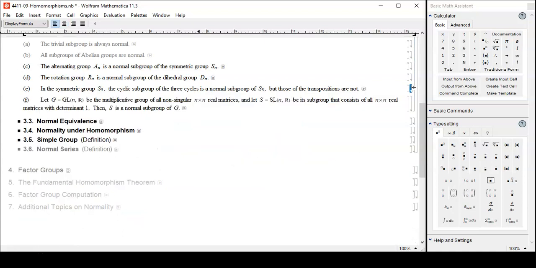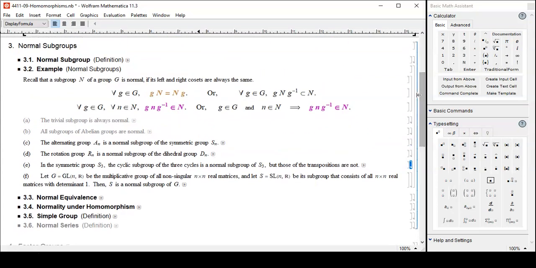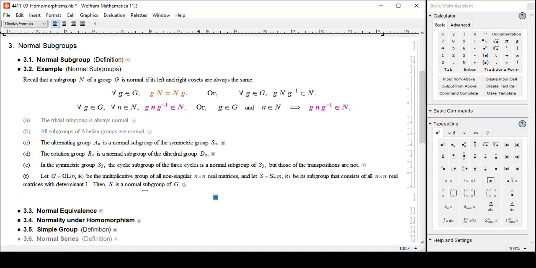Okay, all right. Now the final example here. GL, which is an abbreviation of the general linear group, that's a multiplicative group of all non-singular, invertible n by n real matrices. And yes, it's real because this notation specified R here, and we call it the general linear group.